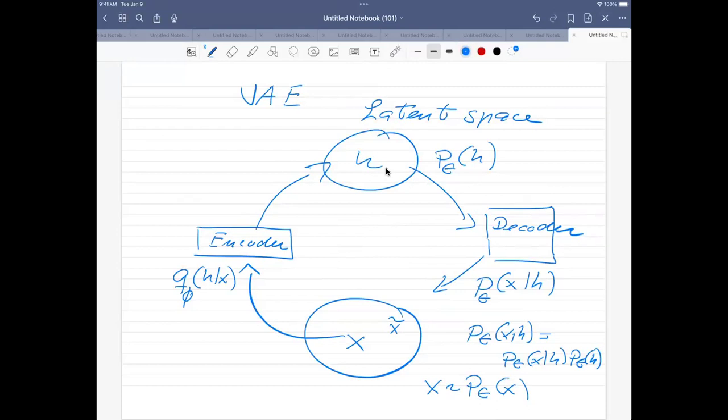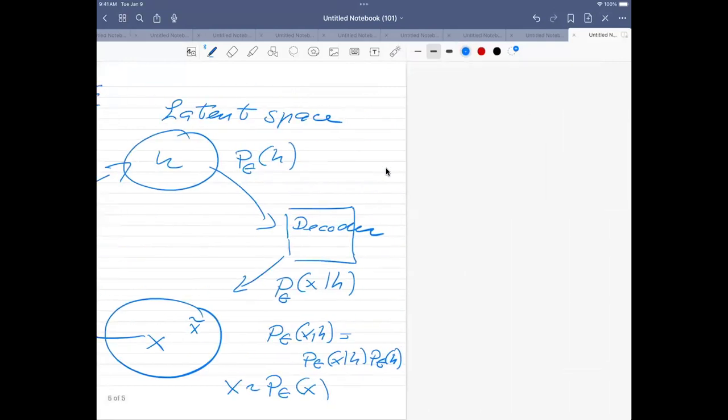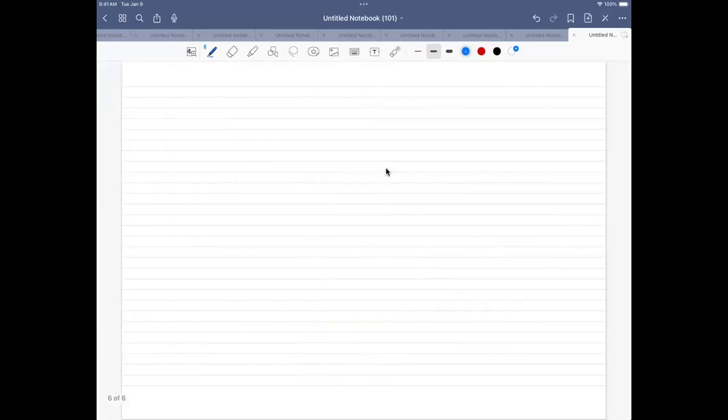And just to quickly remind you of how we obtain that final objective function. We have P theta of X, which is given by the integral over the latent space. So we have generated this latent space, which is supposedly a much smaller space than the one which encompasses all the input data.